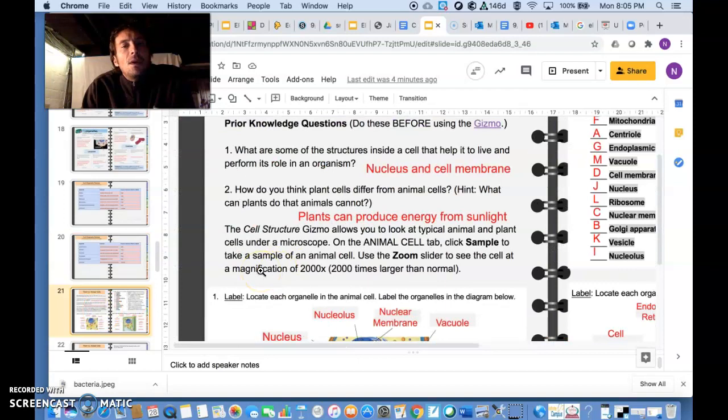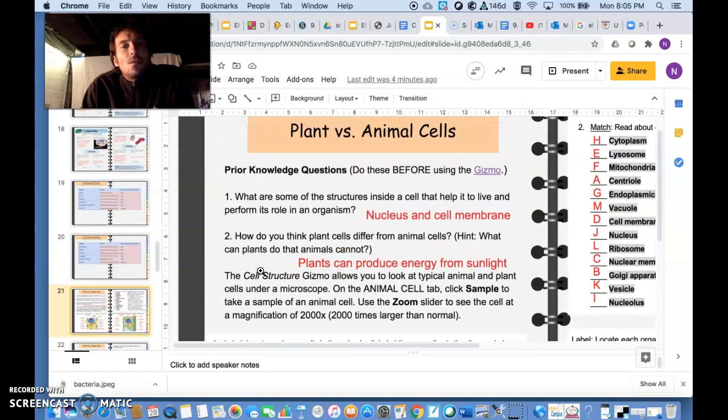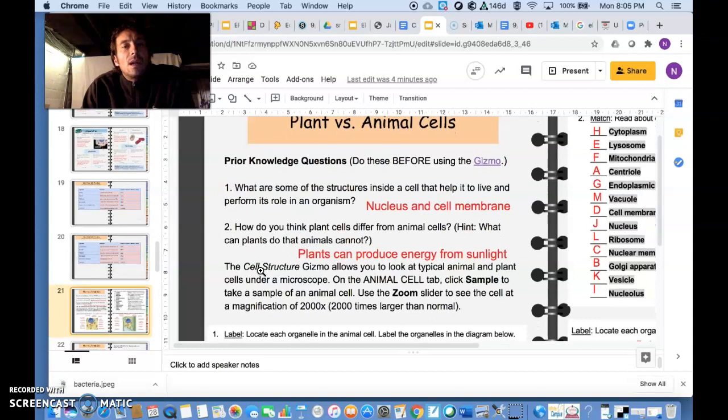Okay, so what are some of the structures that allow a cell to perform its role in an organism? And remember, cells are the smallest living unit, right? They can do without you. You can't do without them, lots of them, but they can do without you.